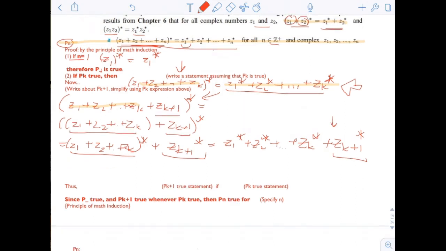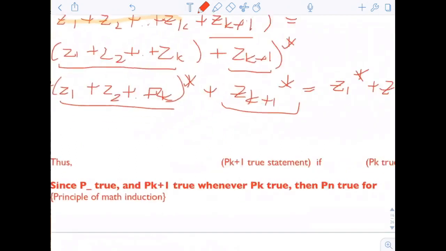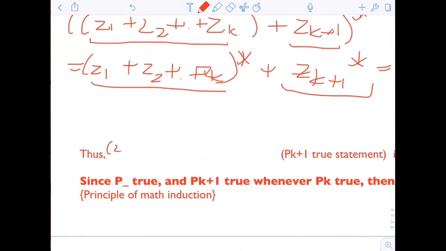So we can come down here and say, thus, z1 plus z2 plus blah, blah, blah, plus zk plus 1 conjugate is equal to z1 conjugate, z2 conjugate plus dot, dot, dot, plus zk plus 1 conjugate.